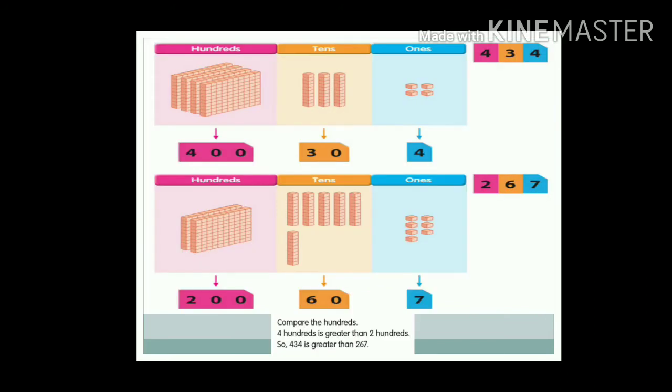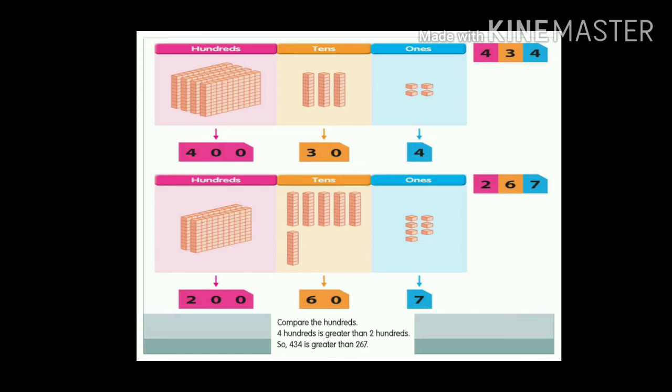Okay, now let's move on and see some more examples of comparing and ordering numbers up to 1000. Alright, now see the picture over here, children. We have two numbers. The first number is 434 and the second number is 267. Which one will be the bigger one, and which one will be the smaller one?